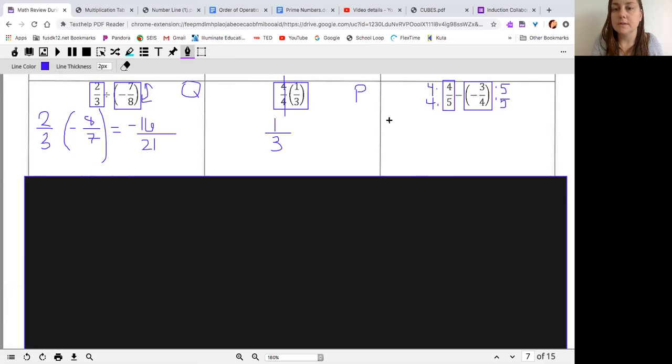4 times 4 is 16. 4 times 5 is 20. Minus sign. Got negative over here. Keep that in there. Here's my fraction line. 3 times 5 is 15. 4 times 5 is 20.